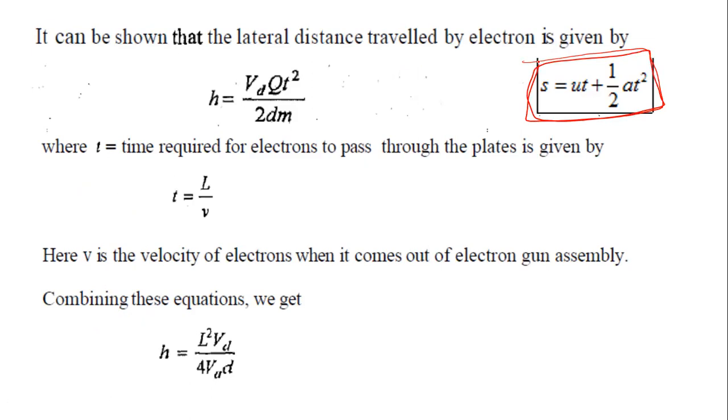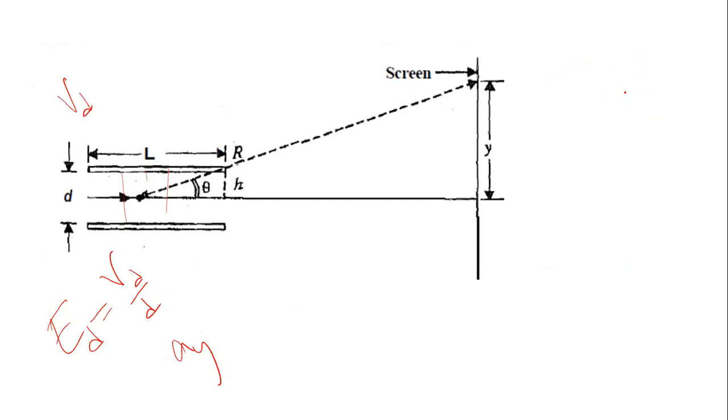This is an equation. Here, S is the distance covered, U is the initial velocity, T is time, A is acceleration. So here, as the charge enters this deflection plate, the initial velocity along the vertical direction, u along the y-axis, is 0 here, right?